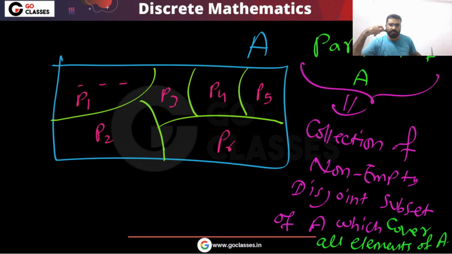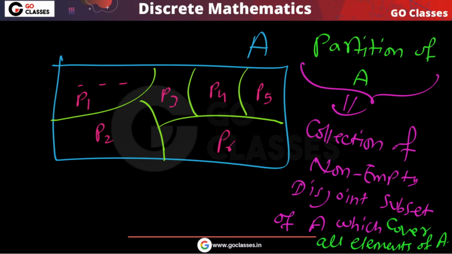Is this clear to everyone? Tell me. So partition of A means a collection of non-empty disjoint subsets of A which cover all the elements of A. This is the definition of partition of A. Very simple.